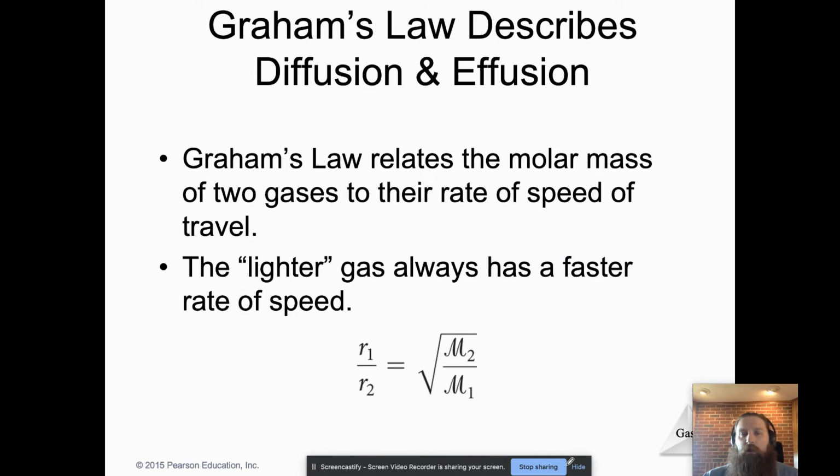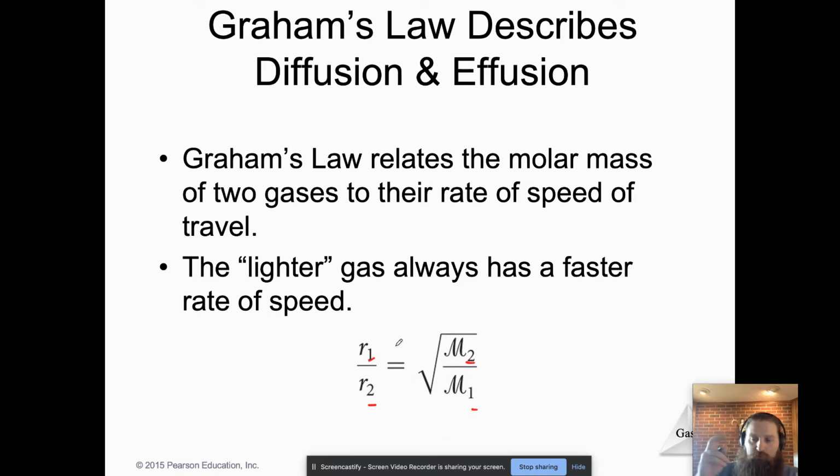So Graham's law, which we talked about briefly last year, but we really didn't get into any further, now we can kind of build on that. It relates molar masses of two gases based on their speed. The lighter gas is always going to travel faster, right? So R1 over R2, that's the rate of speed, is equal to the square root of molar mass 2 over molar mass 1. Notice the 2's are on opposite sides of the 1's, right?